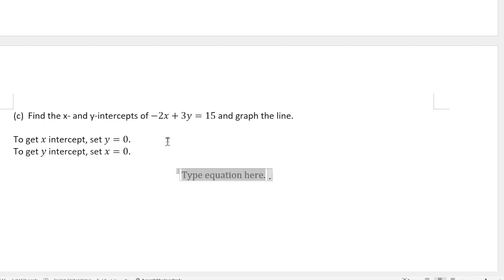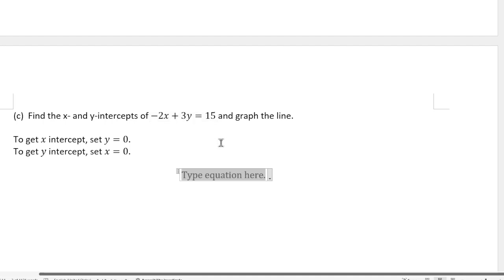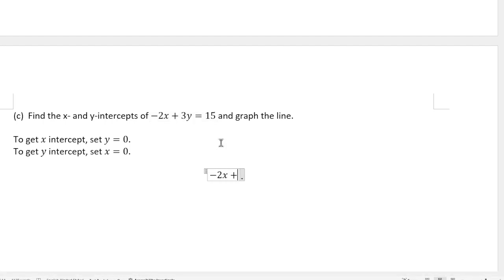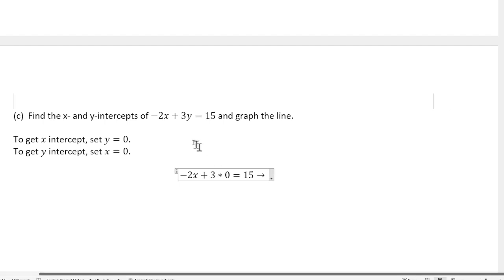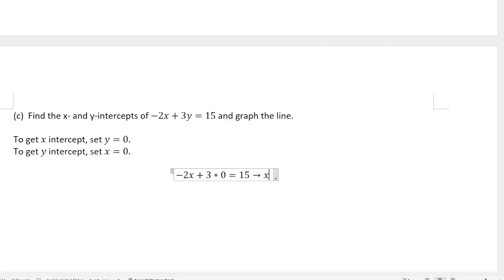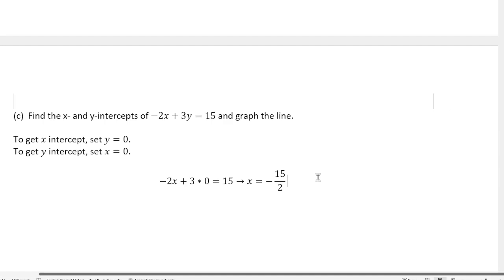First, you want to set y as 0, so you have -2x plus 3 times 0 equals 15. So that means, since this is just 0, you're just dividing by -2. So that immediately gives you that x equals -15 over 2. So that's your x-intercept.